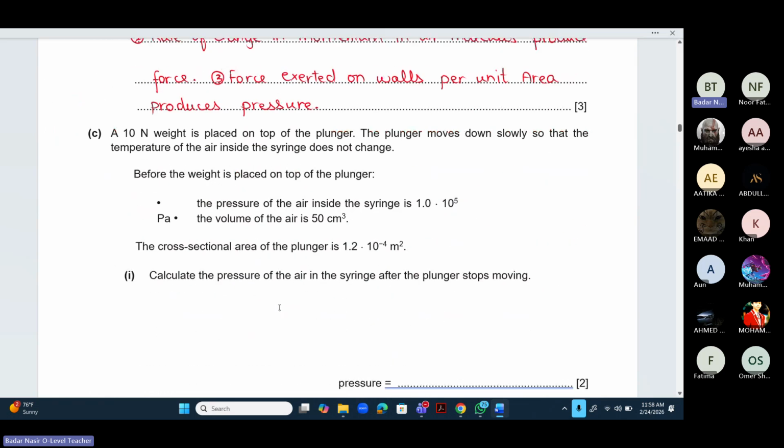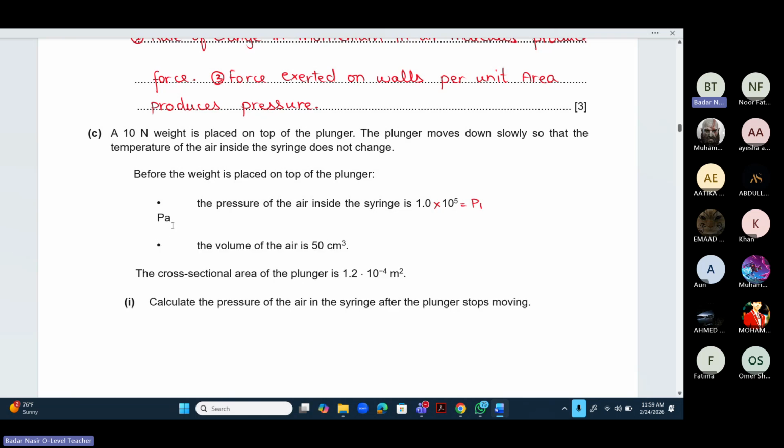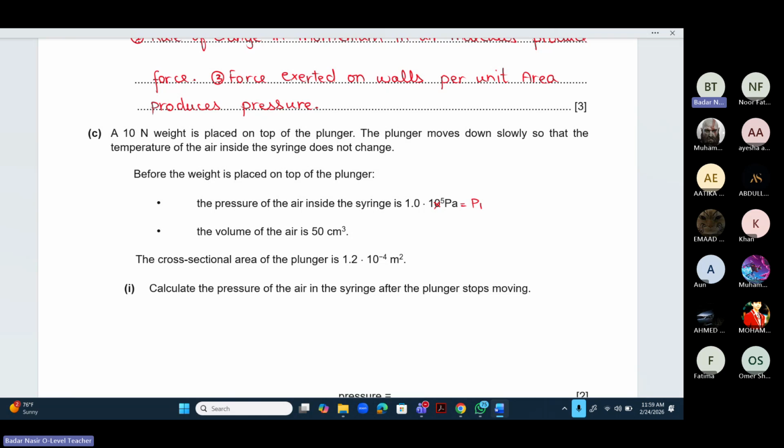Okay, a 10 Newton weight is placed on top of the plunger, which moves down slowly so that the temperature of the air inside the syringe does not change. Before the weight is placed on top of the plunger, the pressure of the air inside is 1 into 10 raised to power 5 Pascal. So this is the initial pressure.